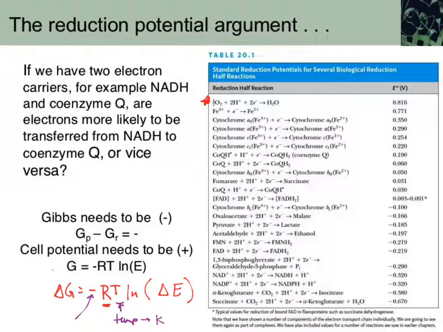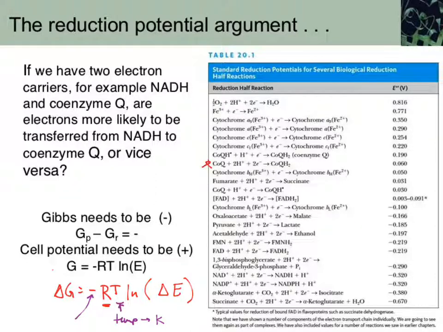So if we took a look at, what's our question? Two electron carriers, NADH and coenzyme Q. NADH to coenzyme Q, or coenzyme Q to NAD+. So let's take a look at those. I gotta find them in this. Yeah, there's CoQ. Good call.